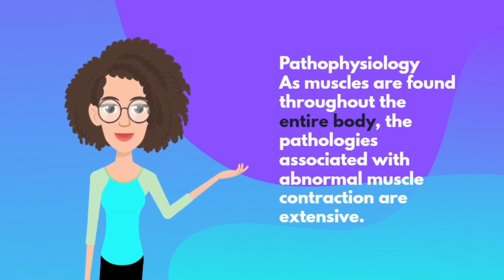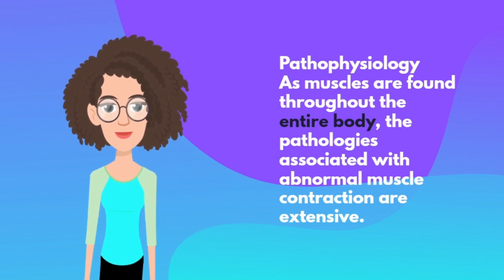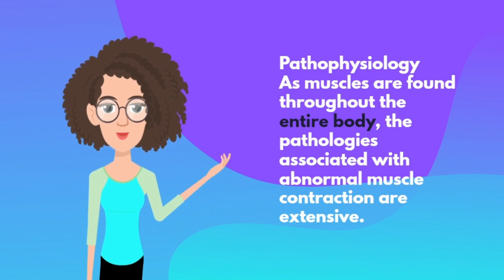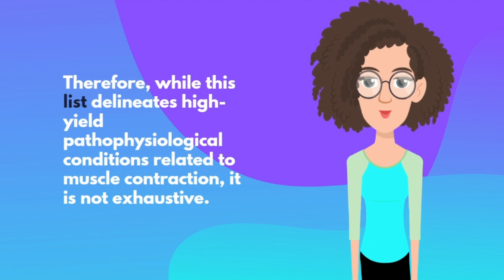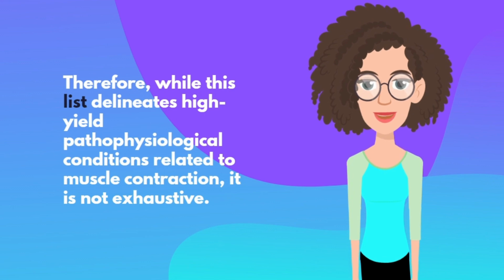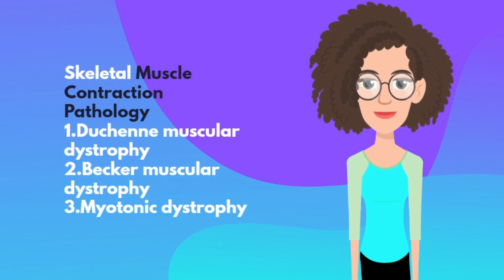Pathophysiology. As muscles are found throughout the entire body, the pathologies associated with abnormal muscle contraction are extensive. Therefore, while this list delineates high-yield pathophysiological conditions related to muscle contraction, it is not exhaustive. Skeletal muscle contraction pathology: 1.